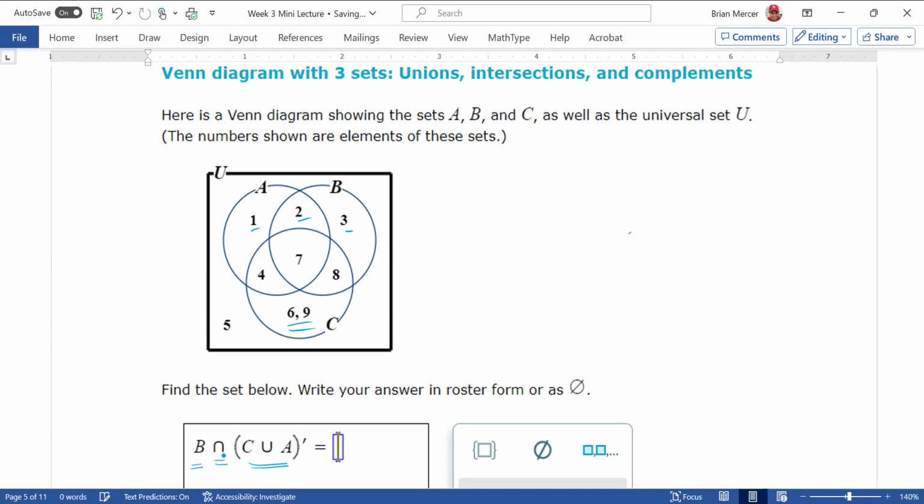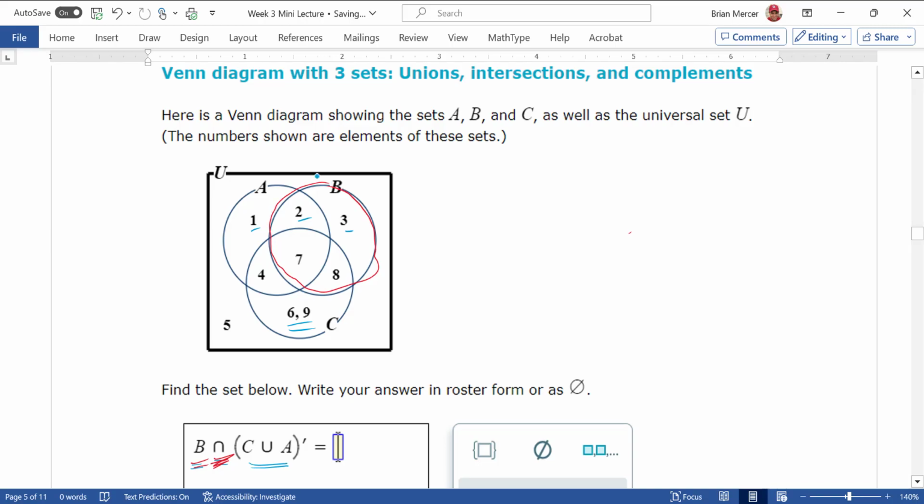First of all, notice it's an intersection, so make note of that. Intersection means the overlapping portion of whatever these sets are. But we've got to think like algebra, order of operations. Set B is pretty straightforward. We're looking at set B intersected with something. In other words, where does set B overlap with something?